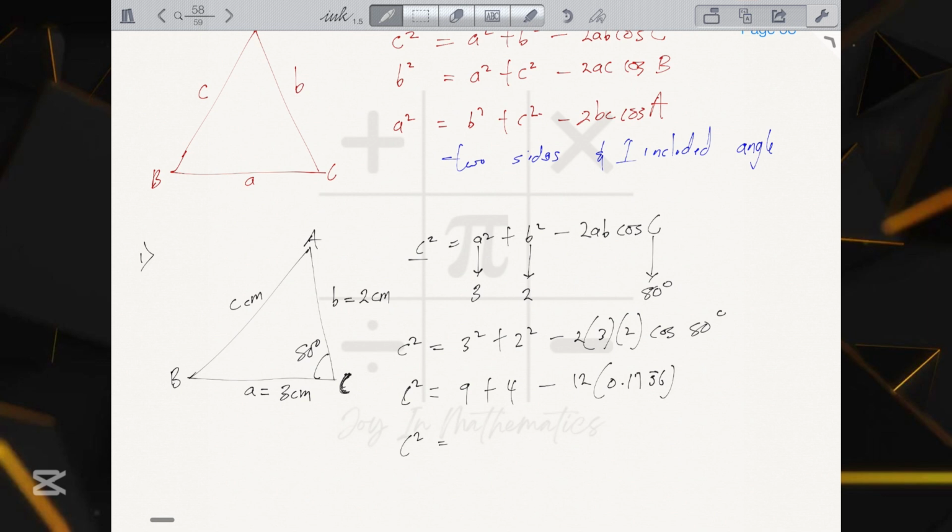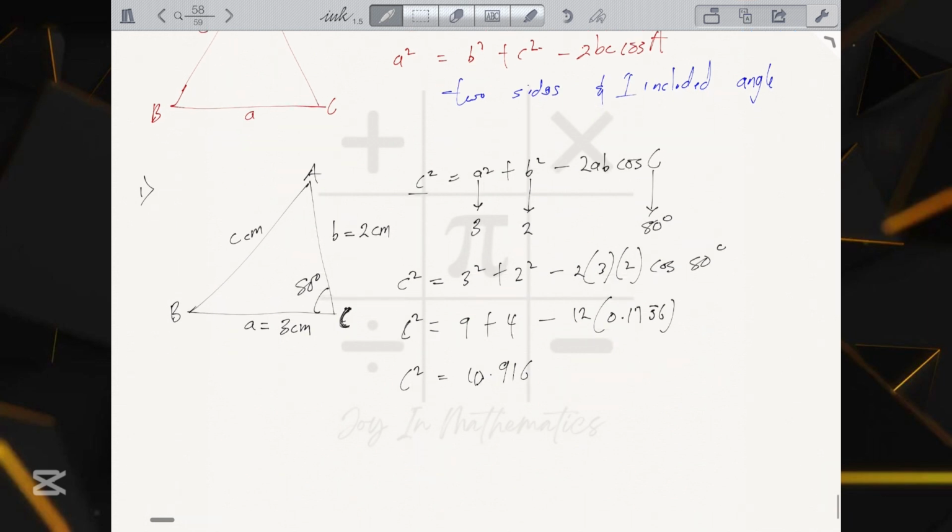And using our calculator to simplify this, we will have a final answer of 10.916 to be equal to c squared.